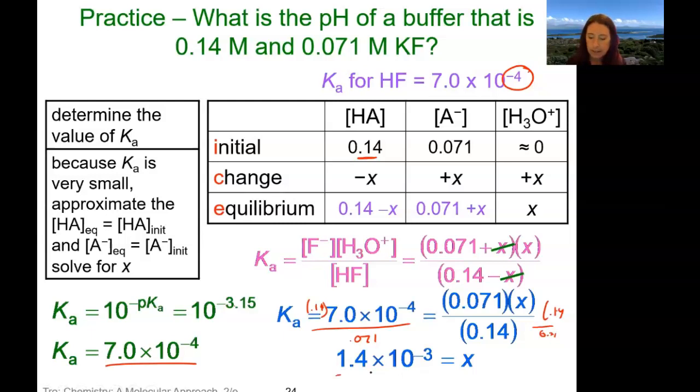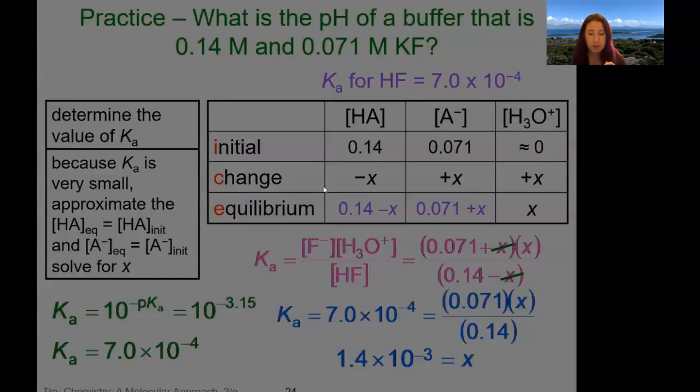So again, this here is our H3O plus concentration. So let's just check and see if our x is small works. Because again, for your quiz this week, you still have to show me that you're checking for your x is small. For your exam, I'll accept, hey, I know it's going to work. The difference is 10 to the 3. It'll work. But for your quiz this week, I want to see you still checking for your x is small.